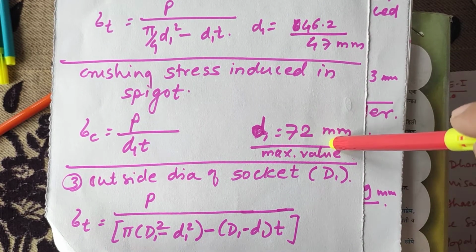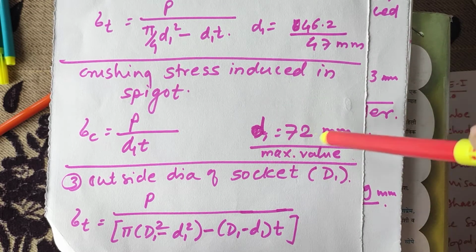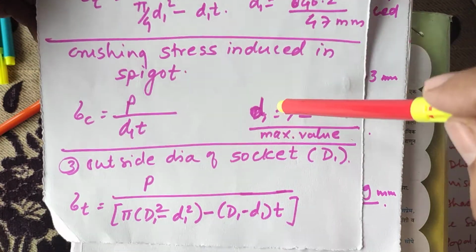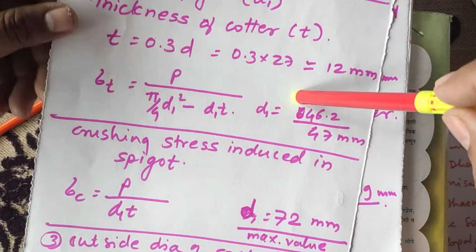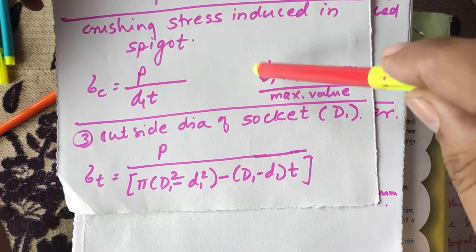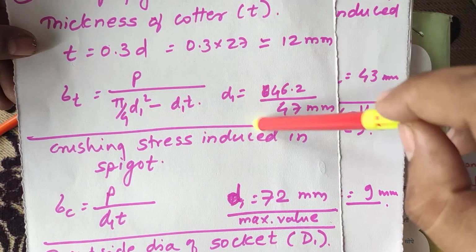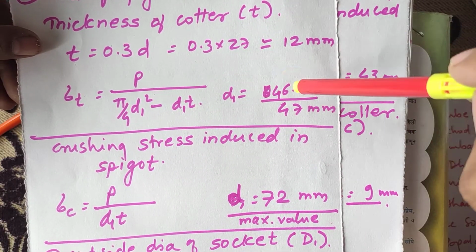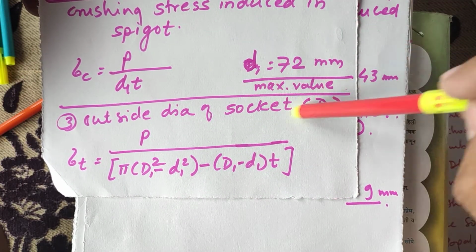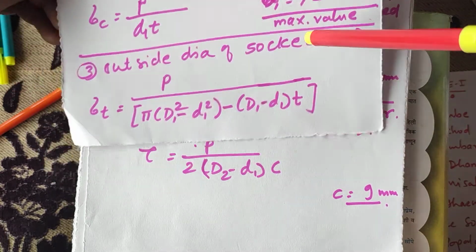For the crushing stress it is maximum, so we'll consider this 72 mm as per my calculation. Considering the tensile stress, the dimension d1 is 47, and considering the crushing stress sigma C, the dimension d1 is 72. So we'll consider the maximum dimension, that is 72.